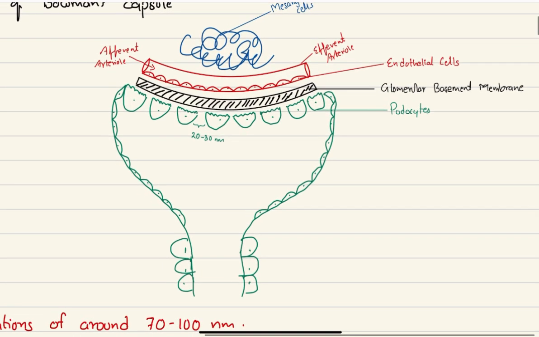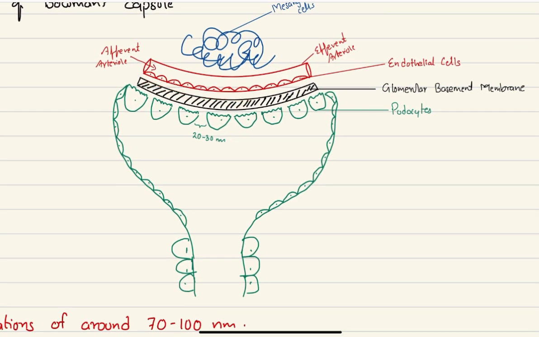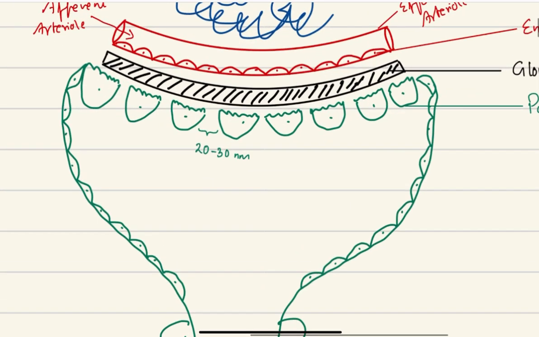And then we have the glomerular basement membrane, and this is the second membrane. And then lastly we have the glomerular podocytes. These cells have foot processes, and between two adjacent podocytes there is a gap.